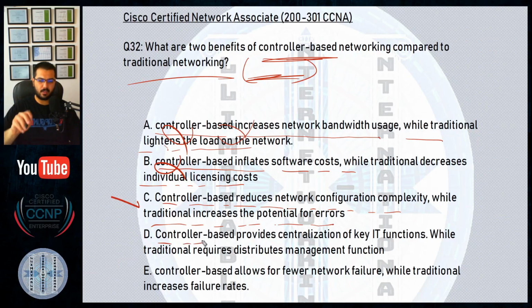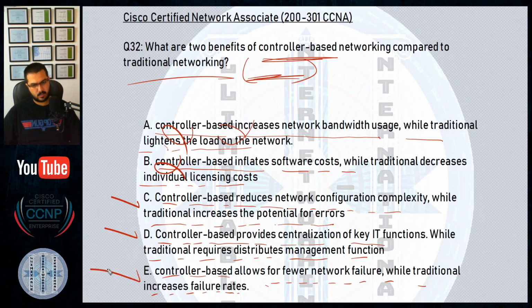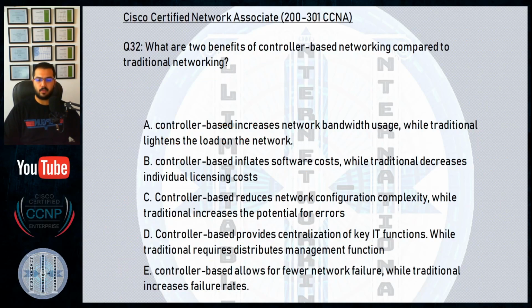This was specified in detail in chapter 7 multiple times. Controller-based provides centralization of the functions, while traditional requires distributed management functions. D is correct as well. Controller-based allows for fewer network failures. Yes, while traditional networks increase failure rates. Yes, but I have to choose two, so unfortunately I will have to sacrifice E, because E is also correct. C and D will be chosen for this question.